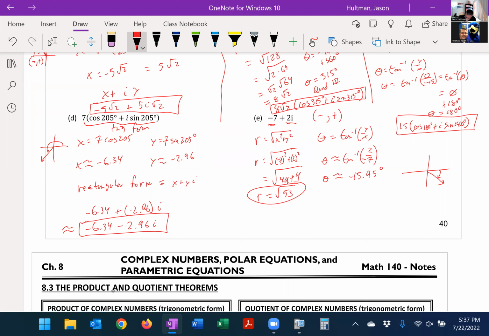My point lives in the second quadrant, at negative 7, 2, not at 7, negative 2.